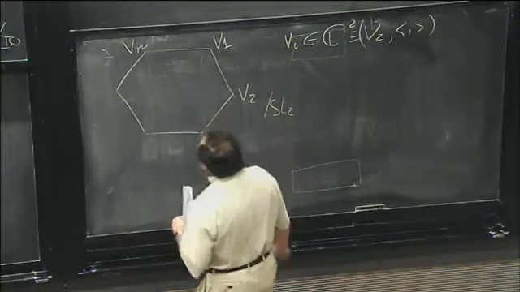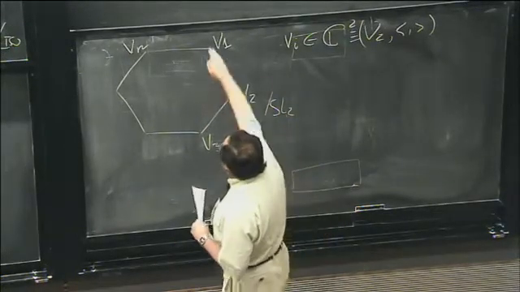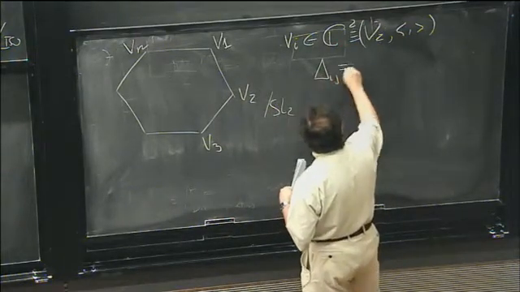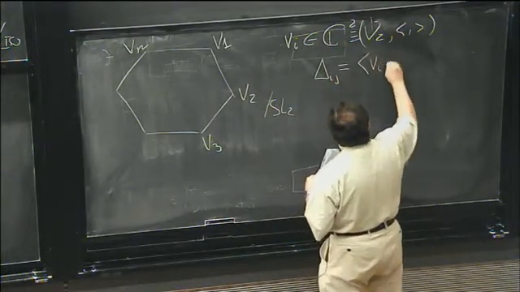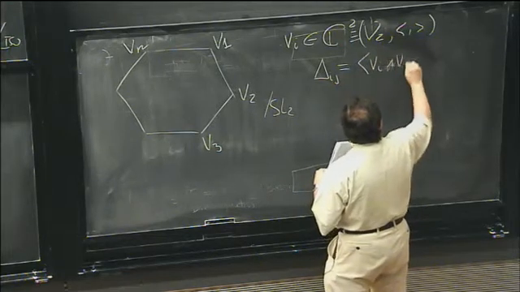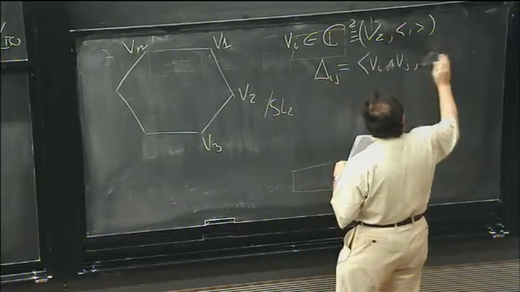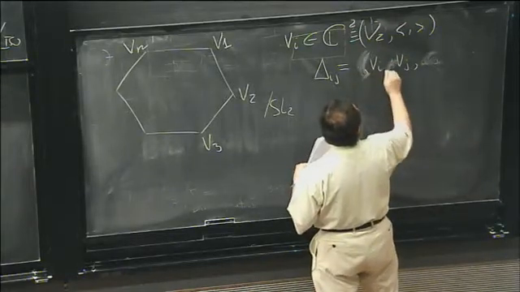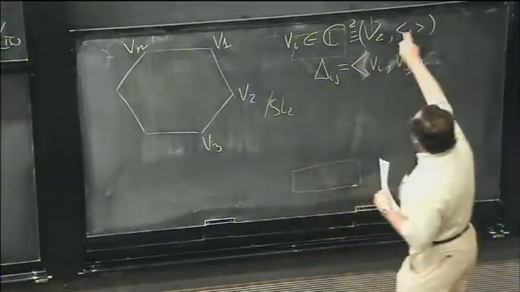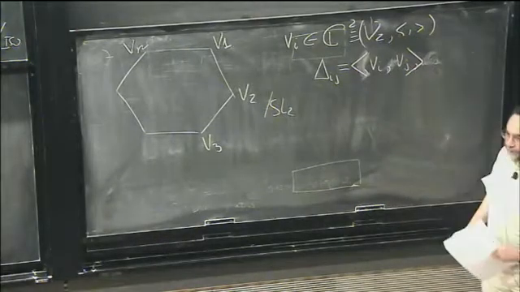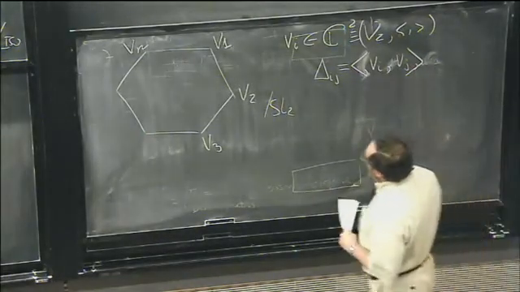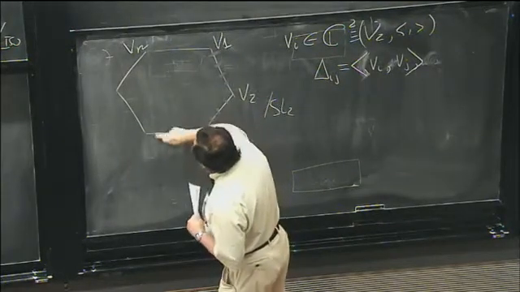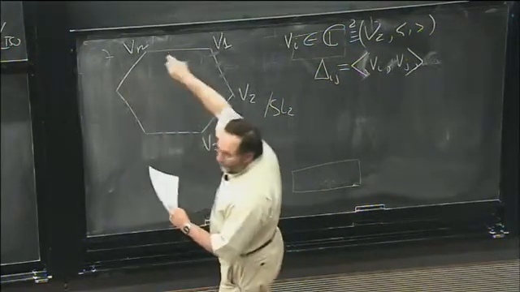Now, if you take any pair of vectors, let me introduce notation. Delta_ij is the area spanned by v_i and v_j. This is the symplectic form evaluated on v_i, v_j. Now, I'm going to assume that these areas are non-zero, and this means that these vectors are in generic position. So no two neighboring vectors are collinear.